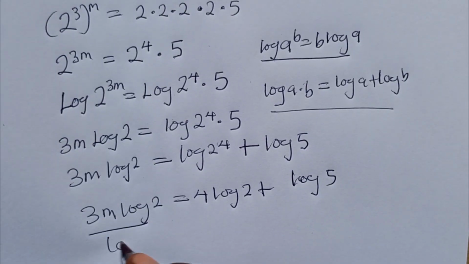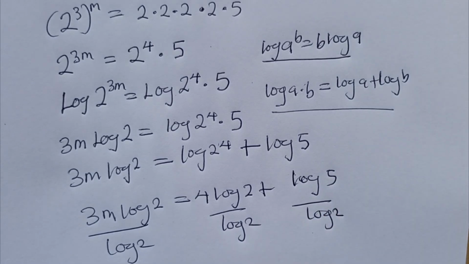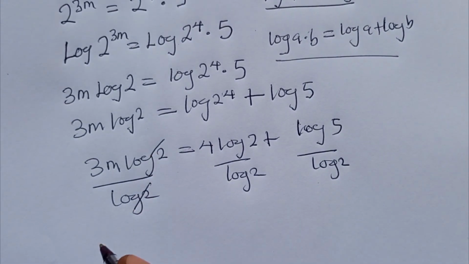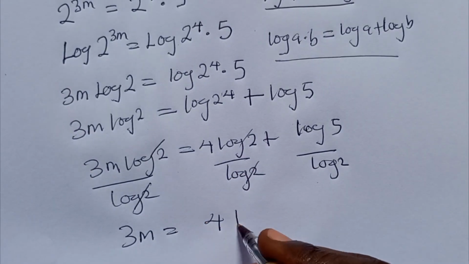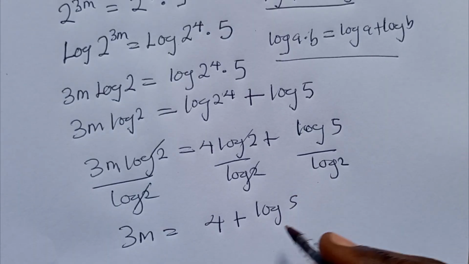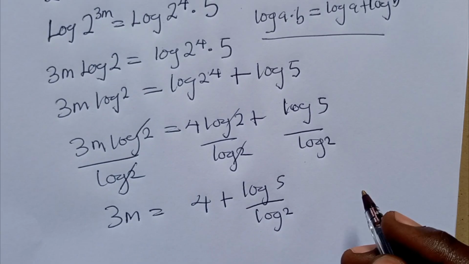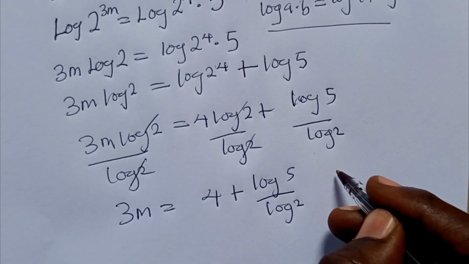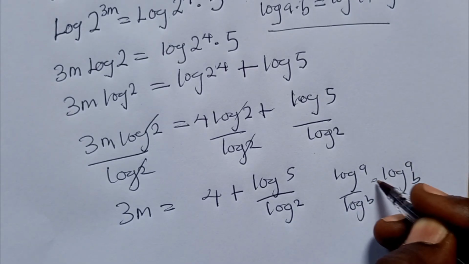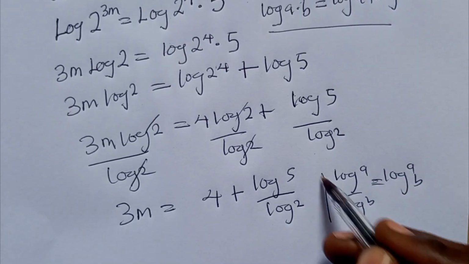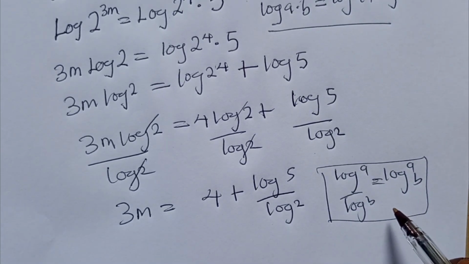So dividing here by log 2, divide here by log 2, divide here by log 2, such that log 2 divides log 2, and we're left with 3m equals, log 2 divided by log 2, we're left with 4 plus log 5 divided by log 2. But recall that log a divided by log b is the same thing as log a base b.